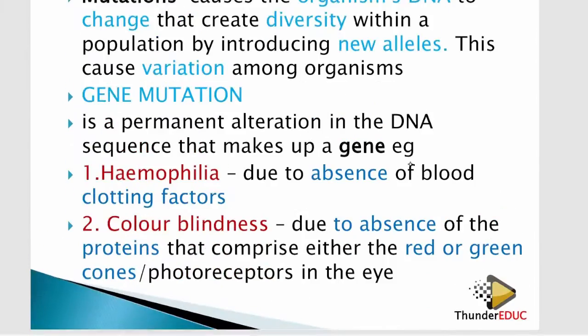But before we go to the genetic engineering, these mutations can cause the organism's DNA to change. This page is supposed to be up. Yes, because it causes the organism's DNA to change, and that creates diversity within the population of these organisms, meaning that new alleles are being formed.